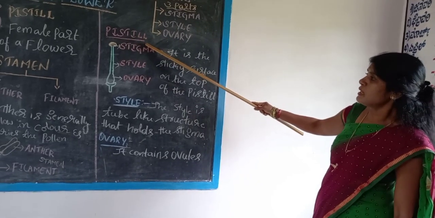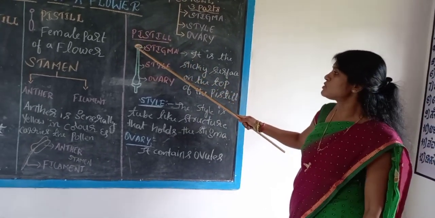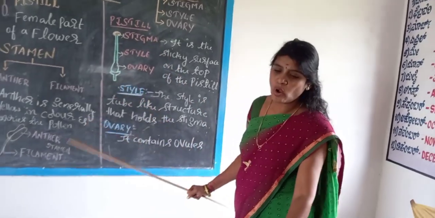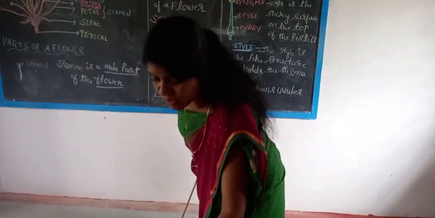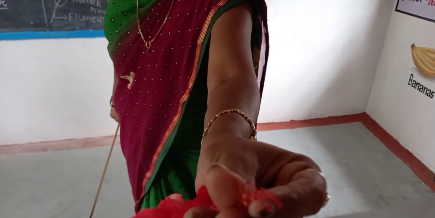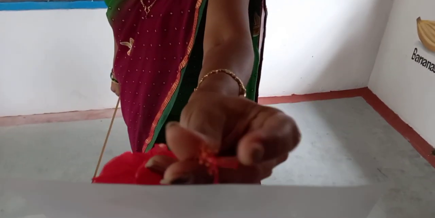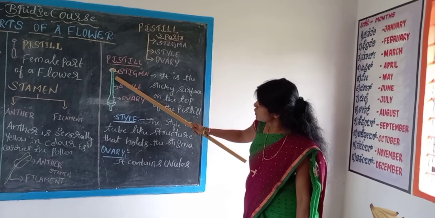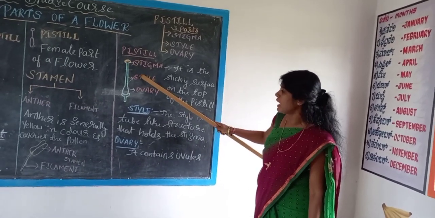If you consider the pistil, this top one is called the stigma. I showed the ball-like structure in the flower; that is called the stigma. Below the stigma, there is a tube-like structure called the style.